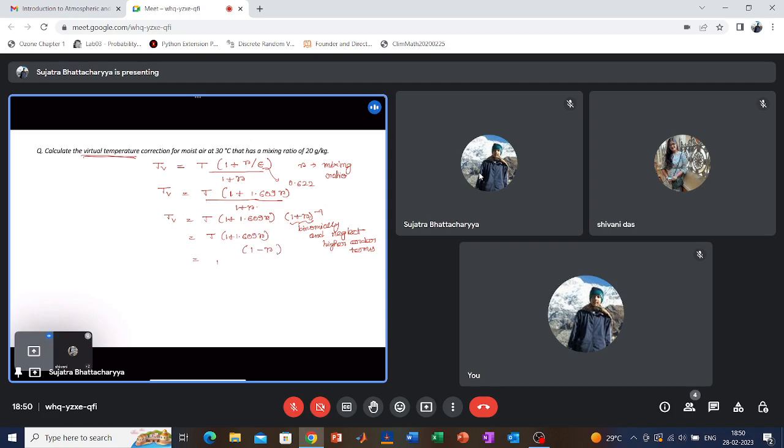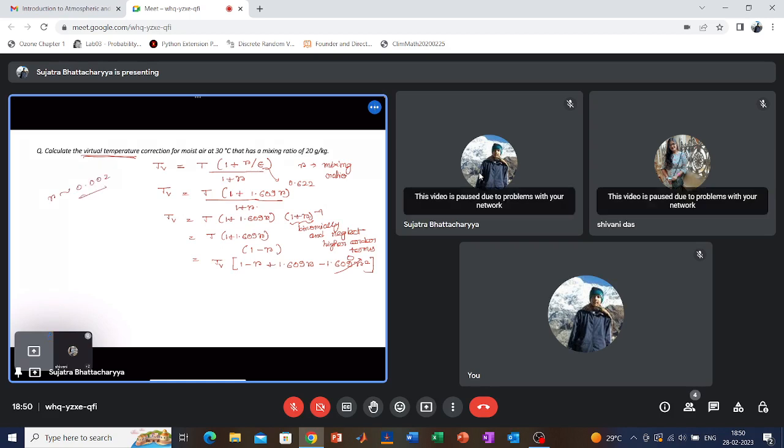So it will be TV equals T into 1 minus R plus 1.609 R minus 1.609 R square. This R square term is also very small, because R, you have seen, is about 0.00 something, so it's not required.